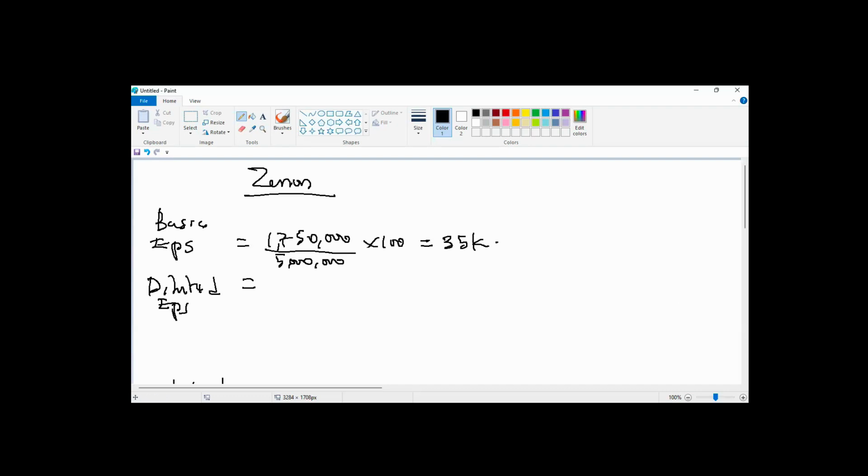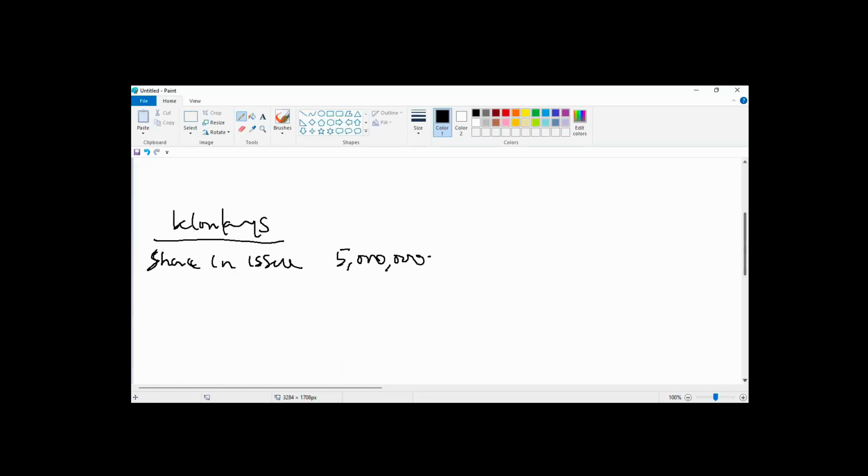I will now go to the others. He has two loans. Let me see whether the two loans are dilutive. First of all, determine the earnings for the first loan.